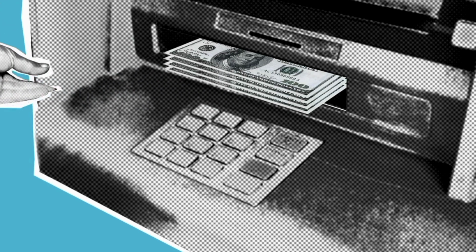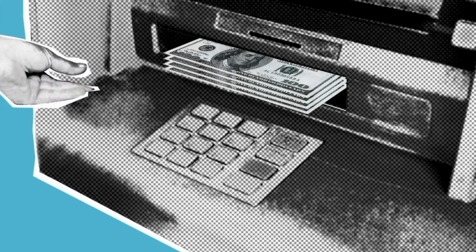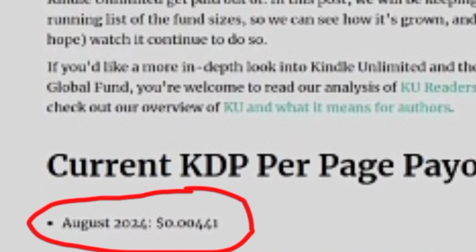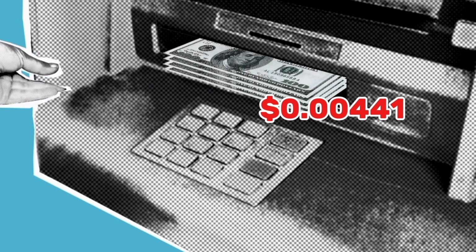And the last time I checked, as of August 2024, KDP was paying per page 0.0041 USD. So per page, when somebody reads your full page, you get 0.00441 USD.